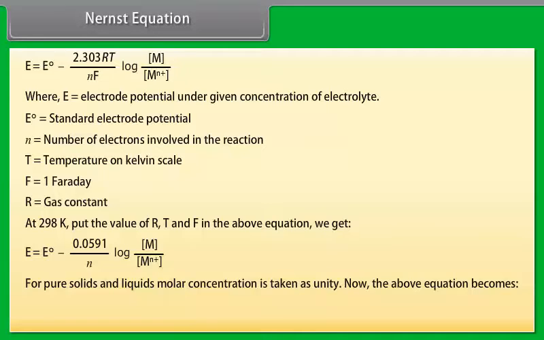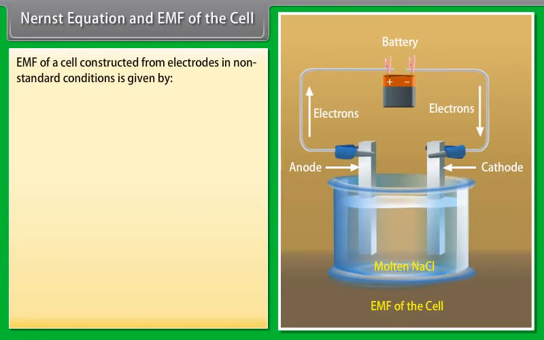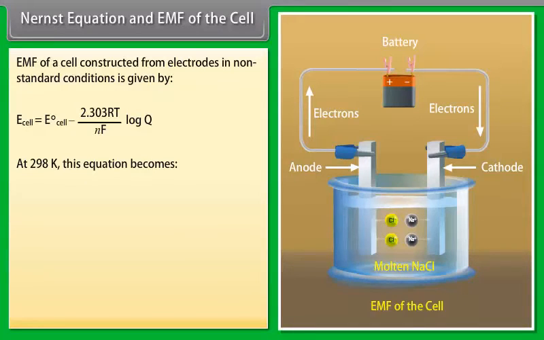E is equal to electrode potential under given concentration of electrolyte, E naught is equal to standard electrode potential, and n is equal to number of electrons involved in the reaction, T is equal to temperature on Kelvin scale, F is equal to 1 Faraday, R is equal to gas constant.